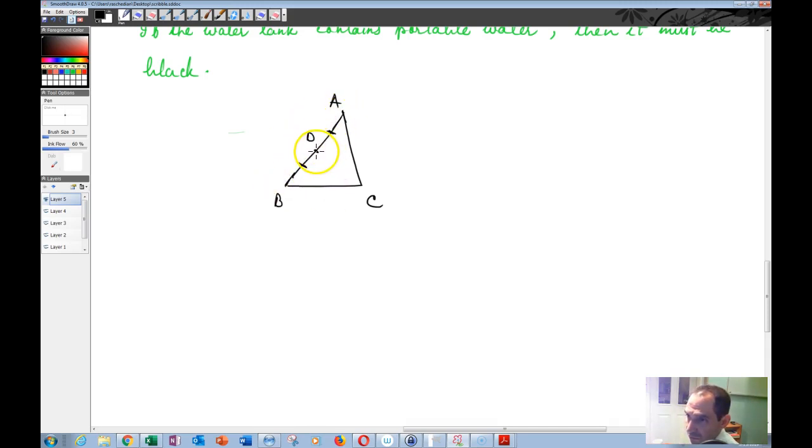And if you draw a line parallel to BC through D, that line is going to cut AC at the midpoint of AC. That means these two distances are going to be the same.